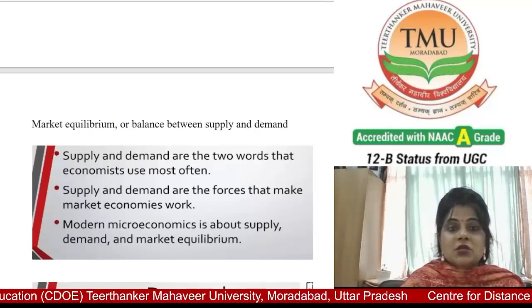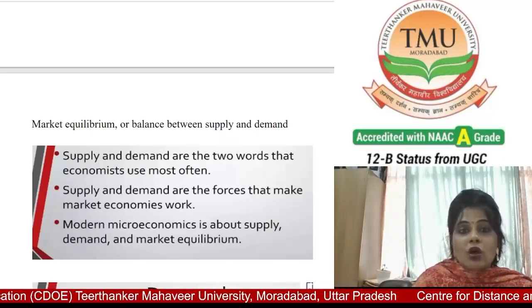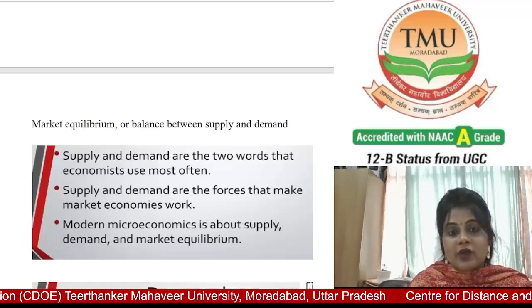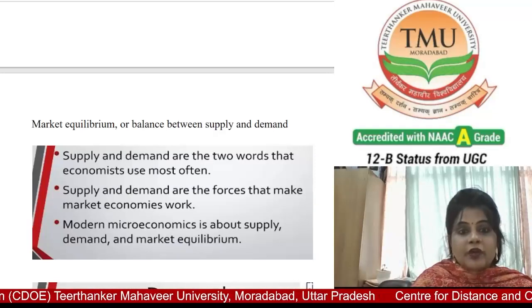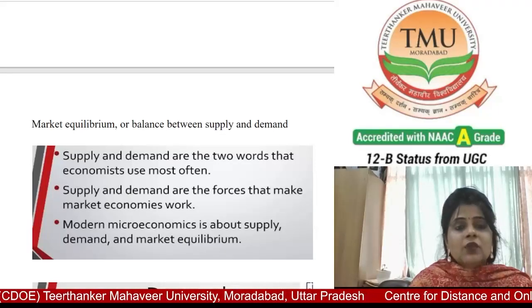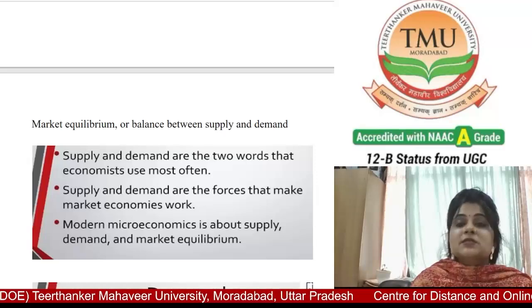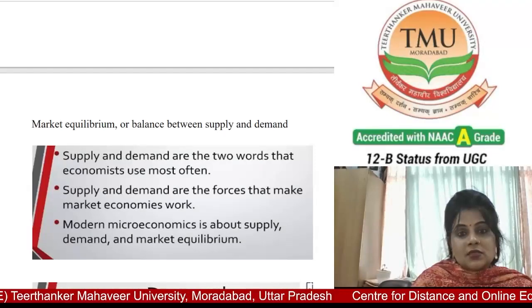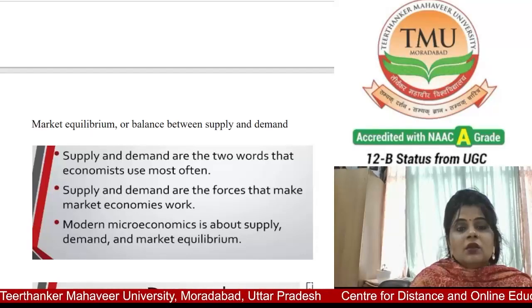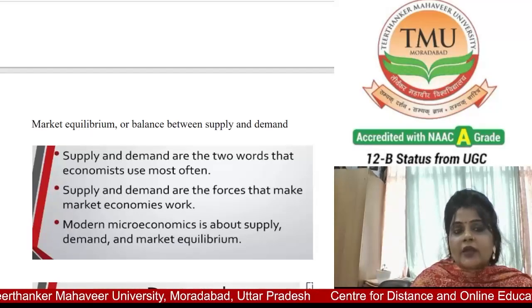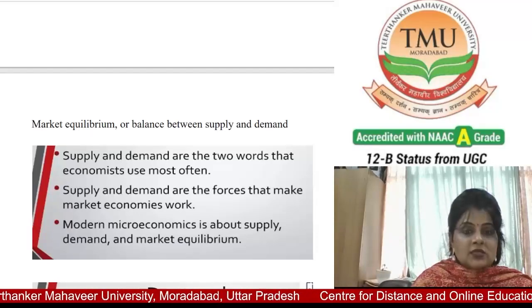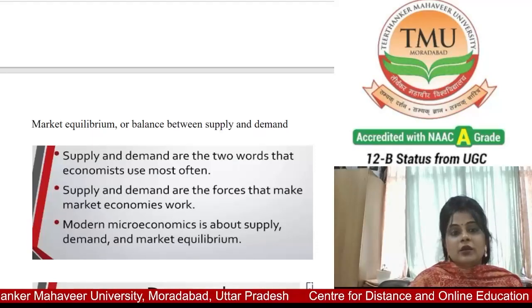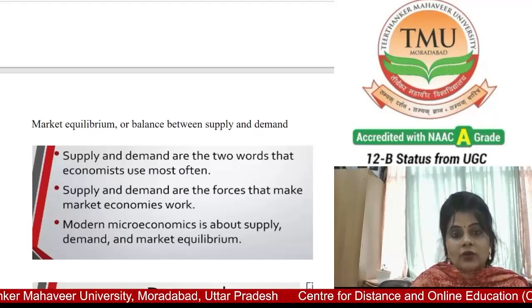If buyers wish to purchase more of a good than is available at the prevailing price, they will tend to bid the price up. If they wish to purchase less than is available at the prevailing price, suppliers will bid prices down.